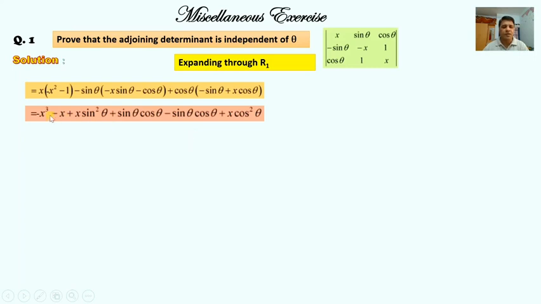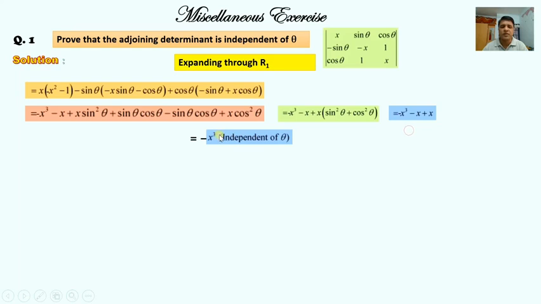So we have x cube minus x, and taking x common from these two, x cos square theta plus x sine square theta. As you know, this is identity number 1 of trigonometry, so its value is 1. So we have minus x cube minus x plus x. Minus x and plus x cancel, so we have minus x cube. As you can see, there is no theta in this answer, so we can say that this answer is independent of theta, hence proved.